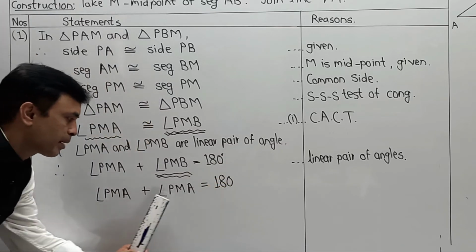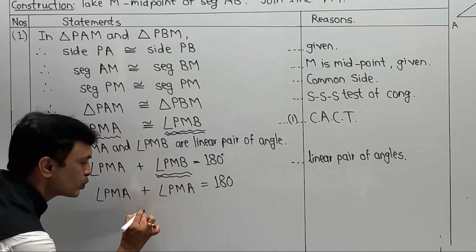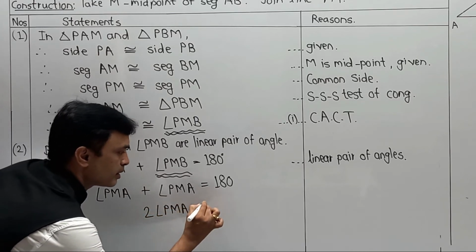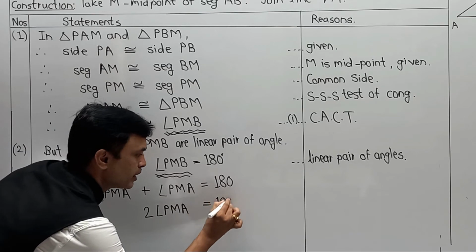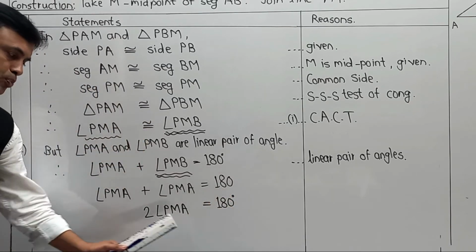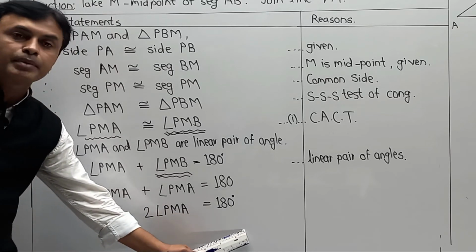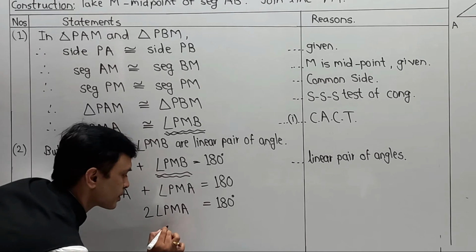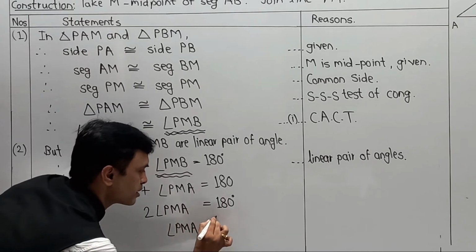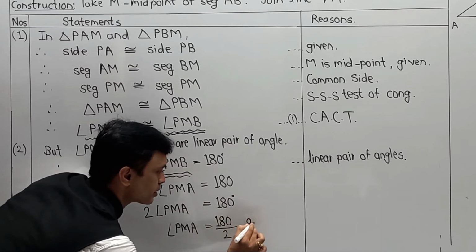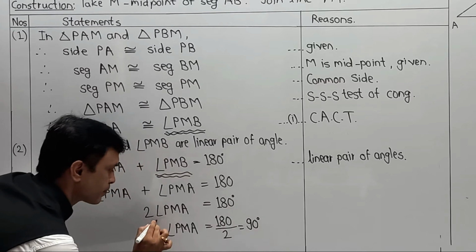Now angle PMA plus PMA becomes 2 times angle PMA is equal to 180 degrees. Now the 2 multiplied on this side shifts to that side and becomes division, so angle PMA is equal to 180 degrees divided by 2, which means 90 degrees.